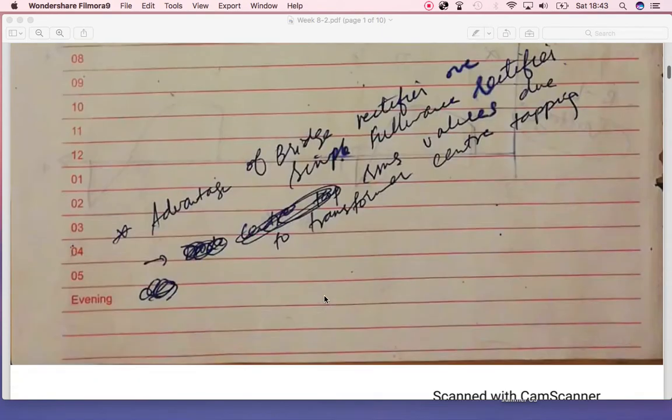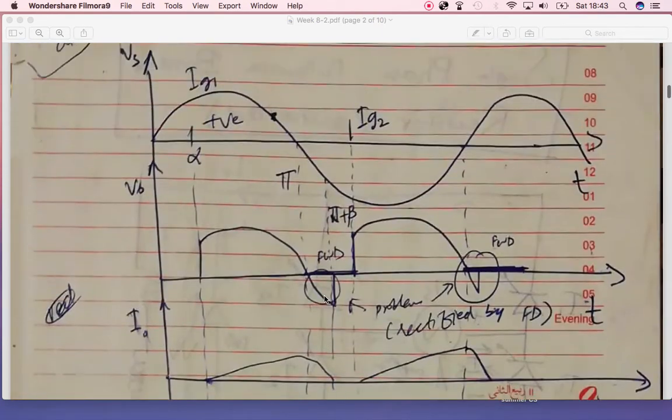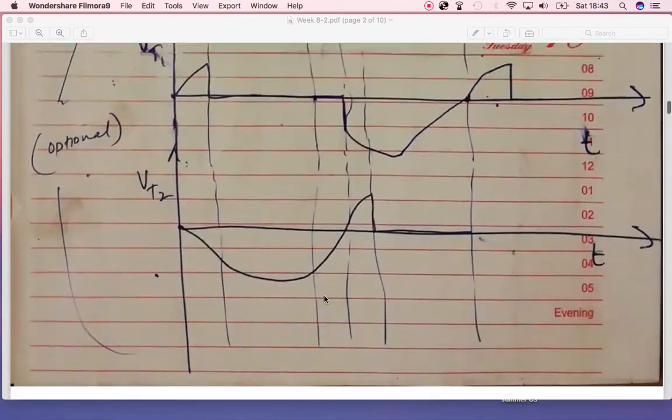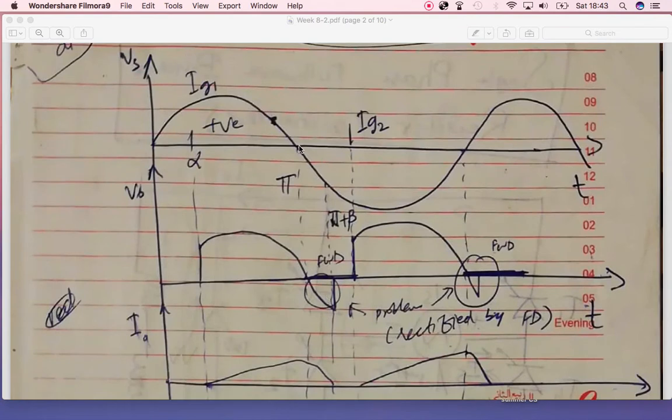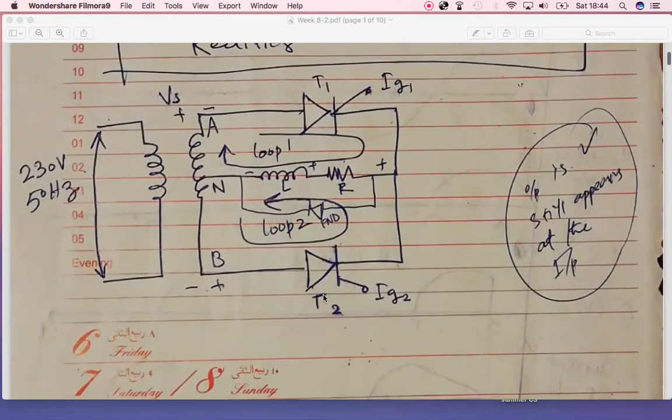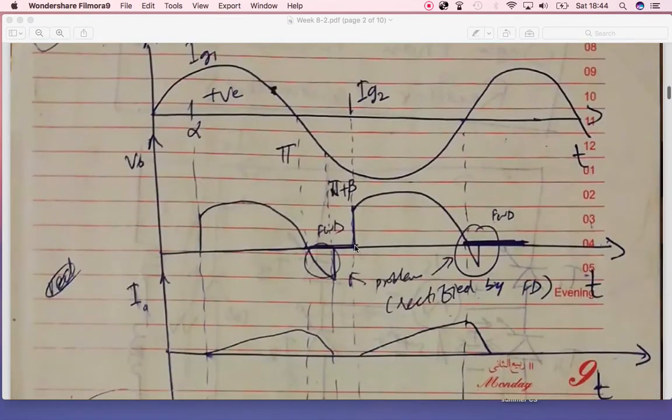In the negative half cycle, if we come over here, based on the firing angle of the thyristor T2, it will conduct from its alpha towards its designated angle, and then there will be some reverse spike of the voltage which will be controlled and restricted by the freewheeling diode.